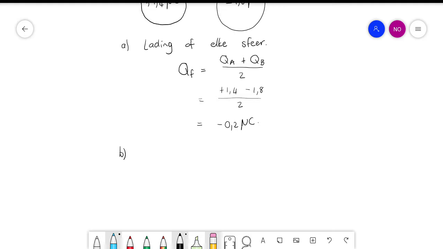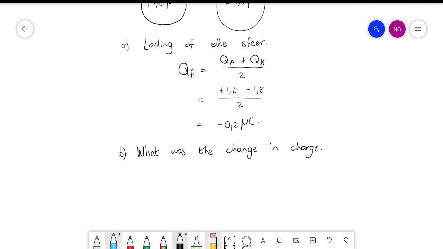For B, I want you to calculate the change in charge of the two spheres. And you can pick either sphere 1 or sphere 2 or A or B or whatever we call them. What do we use to depict change when we're talking about science? Watter symbool gebruik ons vir verandering? Ja?